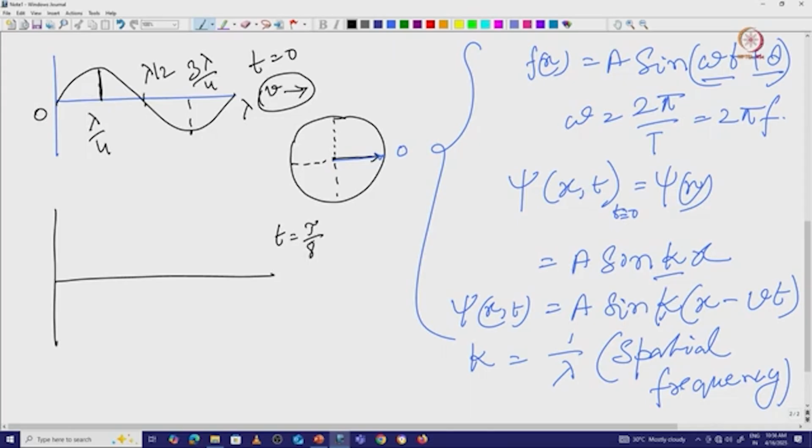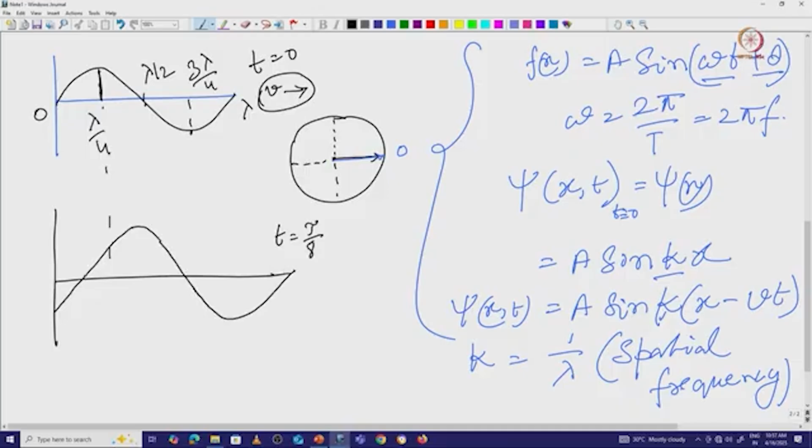So, there is some kind of change, and we are going to plot it. The wave propagates in this direction. We will just keep this one. It moves all the way here, it will come here.